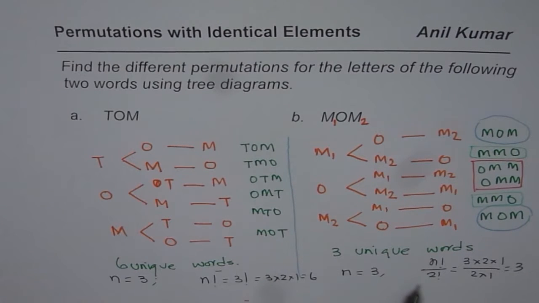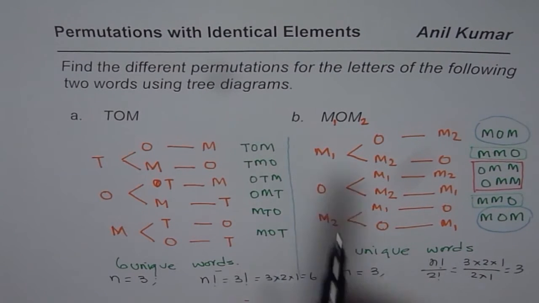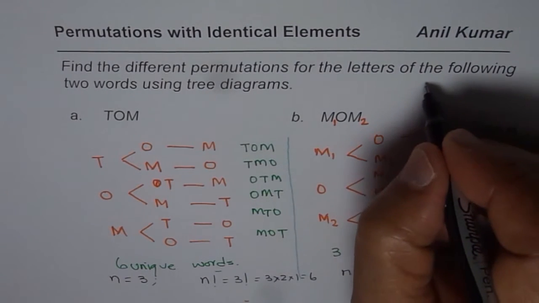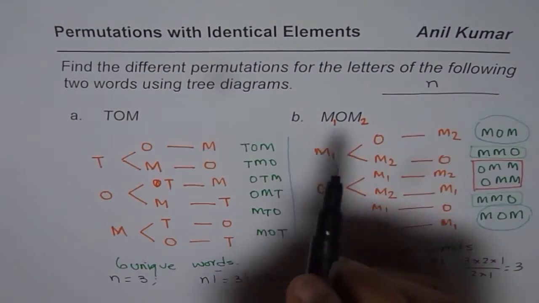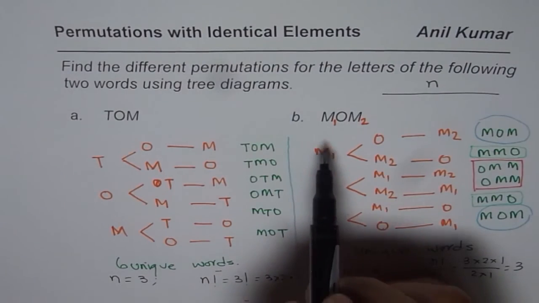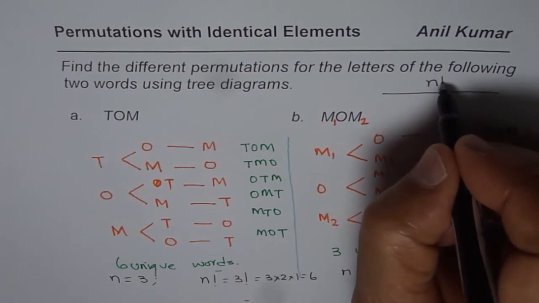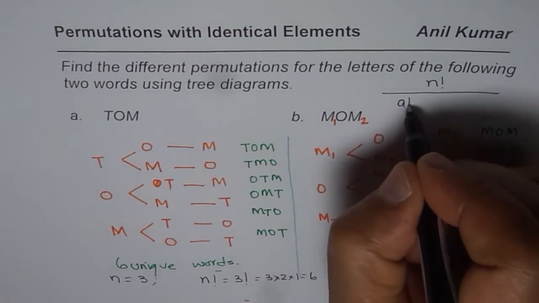Now there is a short formula which you can always use to find the permutations with identical elements, which you can derive from here as a result. So if there are n different items, and out of these n items a are of one type, in that case we'll have n factorial over a factorial.